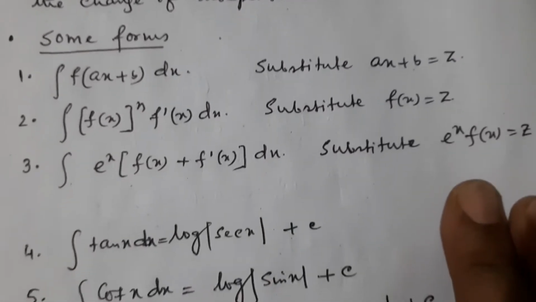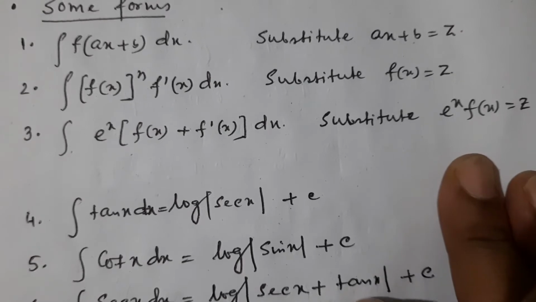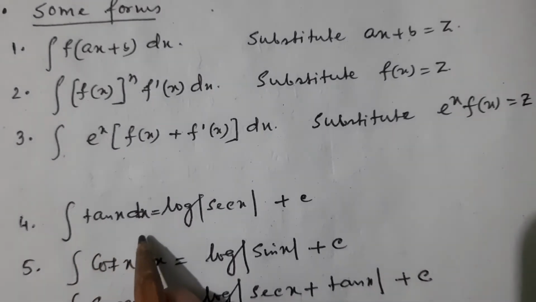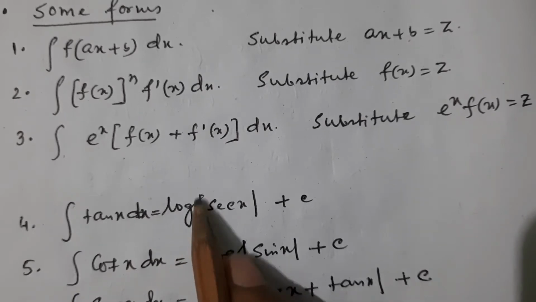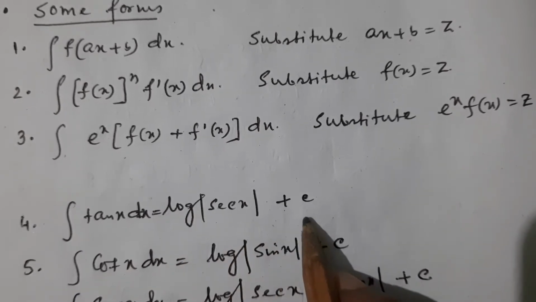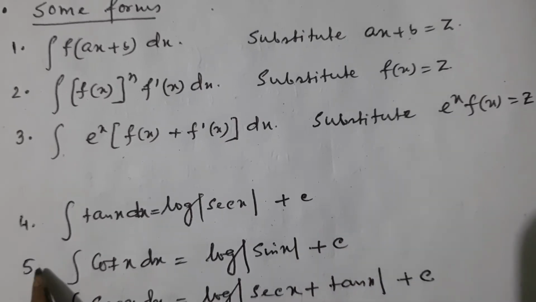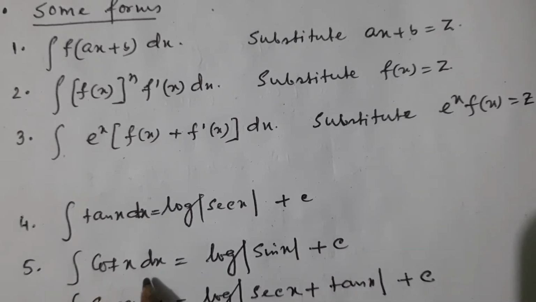We also remember some standard formulas. Integration of tan x dx equals log mod sec x plus c, where c equals constant of integration. Integration of cot x dx equals log mod sin x plus c.